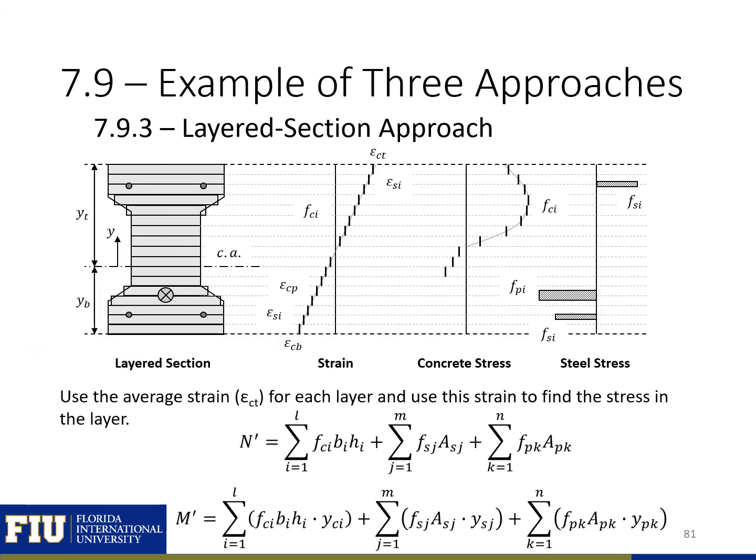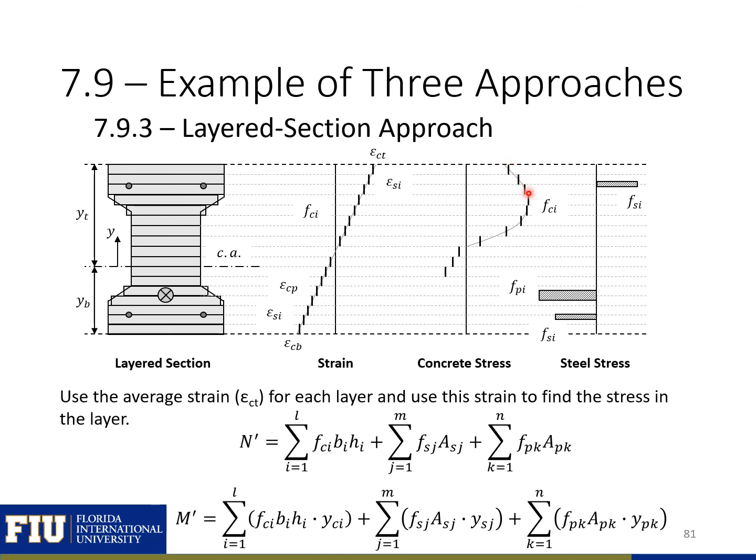We talked in more depth about the layered section approach in Module 5, but just as a reminder, the layered section approach breaks up our section into concrete layers, steel layers, and pre-stressing layers. We would then find the strain at the centroid of each one of these layers, and then use our material stress-strain relationships to find the stress in each layer.